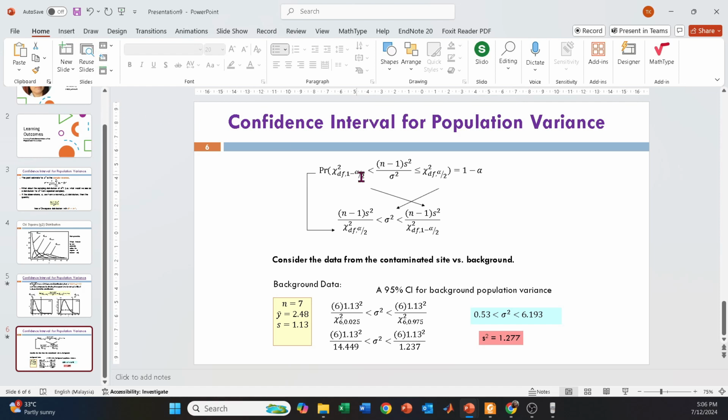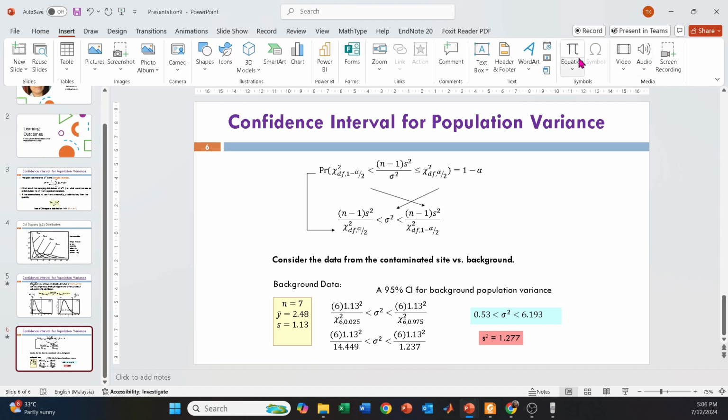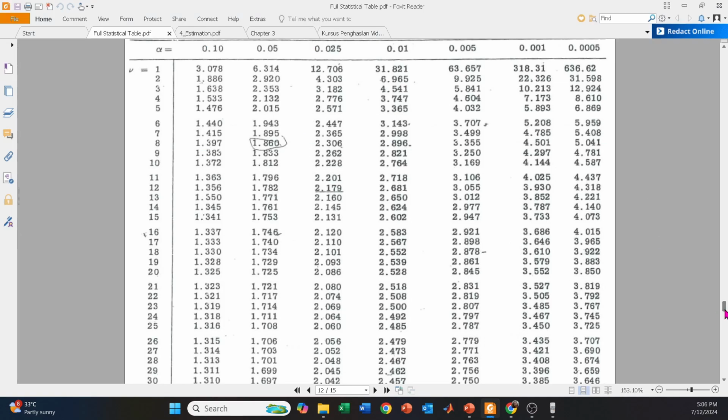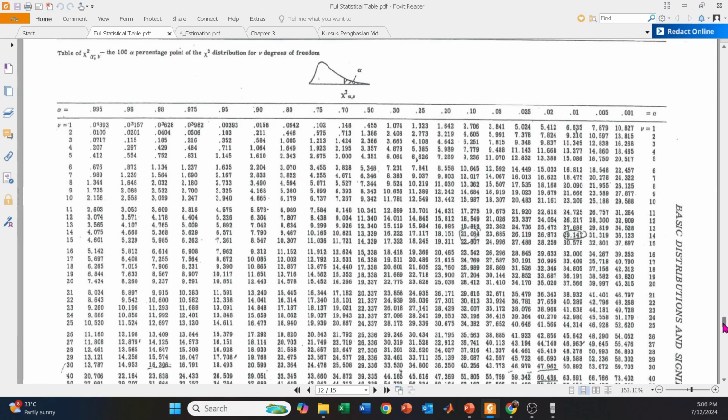My degree of freedom is 6, and my alpha over 2 is 0.025. We read the chi-squared table here.